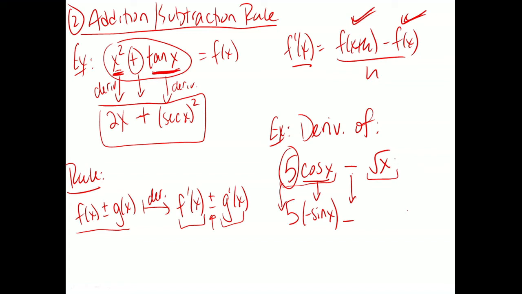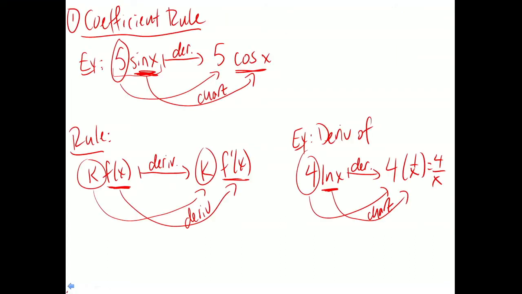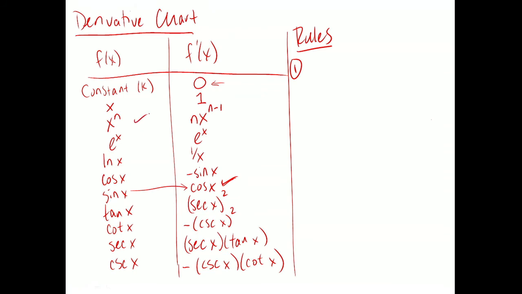Okay? To do the derivative of the square root of x, just remind yourselves, the square root of x is actually the same thing as x to the 1/2, because this is what you can actually now use our third rule in our chart to say, oh, x to the 1/2 should become 1/2 x to the negative 1/2. That's just our standard power rule.